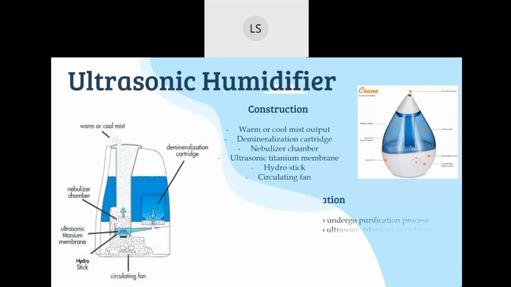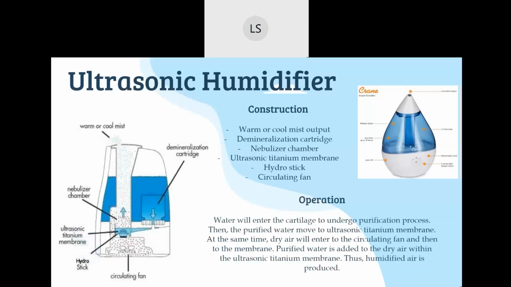For the operation of this ultrasonic humidifier, it starts with water entering the cartridge to undergo a purification process. Then the purified water is transferred to the ultrasonic titanium membrane. At the same time, dry air enters through the circulating fan and then to the membrane. Purified water is added to the dry air within the ultrasonic titanium membrane. Thus, humidified air is produced.